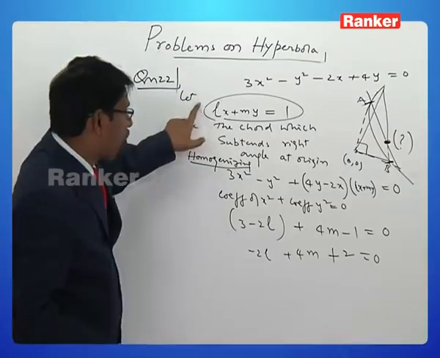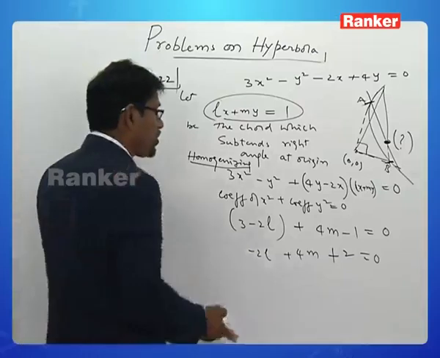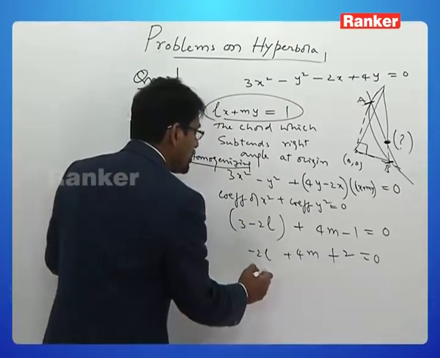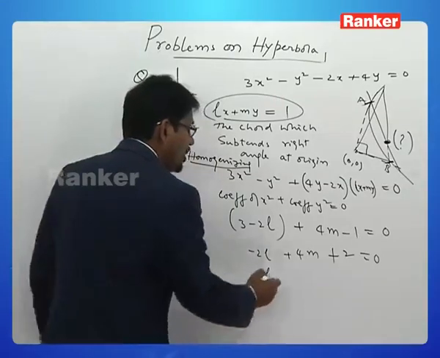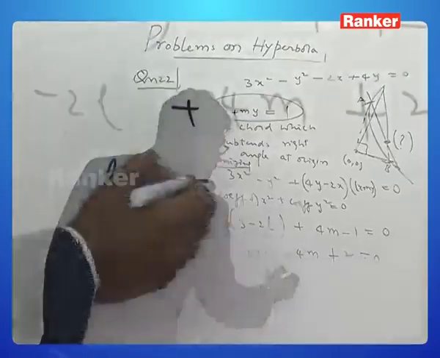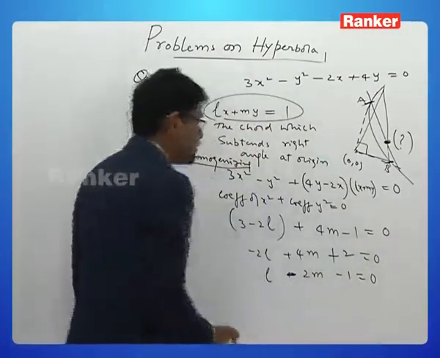I try to match it with Lx plus My equal to 1. So let's divide by minus 2. What do we get? L minus 2m minus 1 is equal to 0.